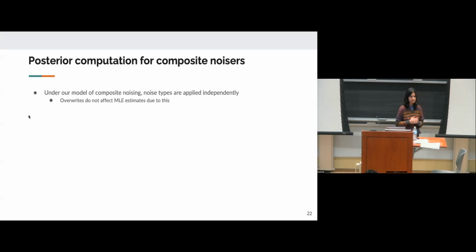Do you mean you don't only see the final result, you see the intermediate result when you do the estimate? We can't see the intermediate ones because we're talking about real languages. We're looking at real languages and asking what the parameters are of the different noisers that generated this real dialect from its high-resource source language neighbor.